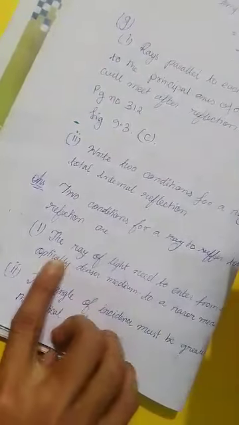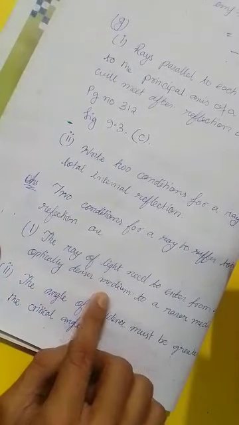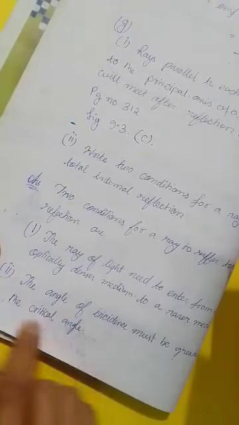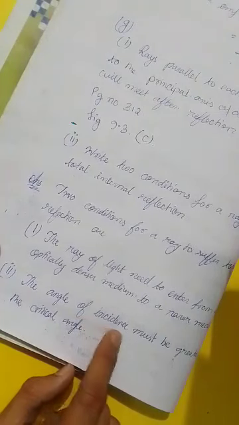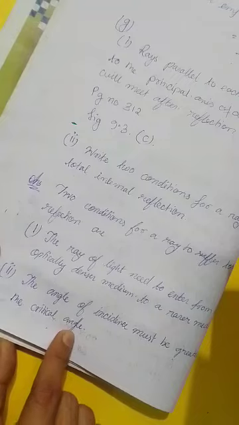So next question to us: write two conditions for a ray to suffer total internal reflection. The two conditions for a ray to suffer total internal reflection are: number one, the ray of light needs to enter from an optically denser medium to a rarer medium, and number two, the angle of incidence must be greater than the critical angle.